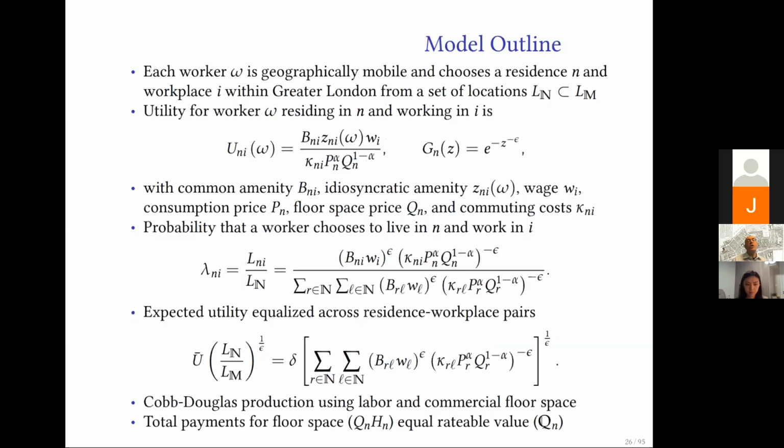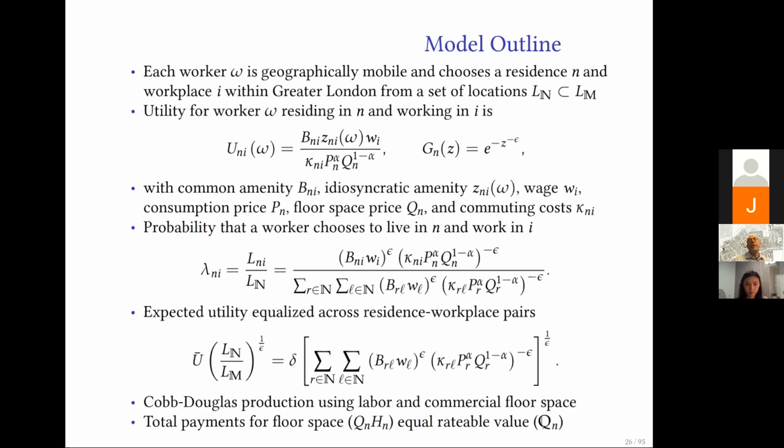Well, if the worker chooses to separate where she lives and where she works, she's going to face some commuting costs, kappa. And these are modeled here as an iceberg cost, a proportional cost that reduces your utility. And the longer the travel time you devote to commuting from where you live to where you work, the lower your utility.